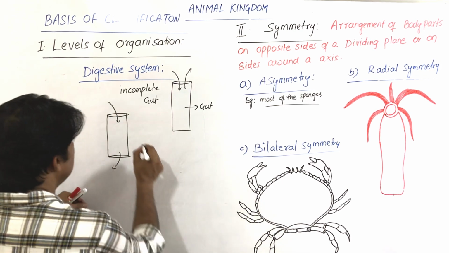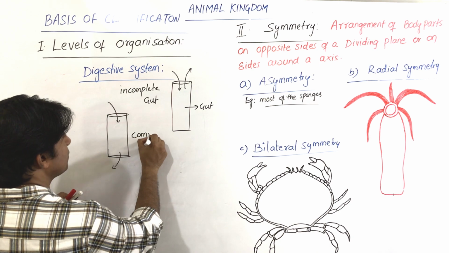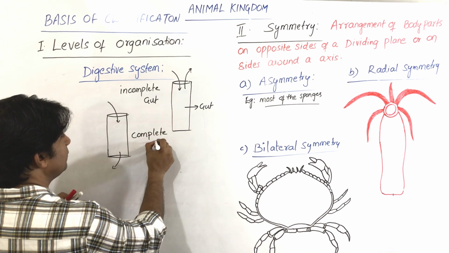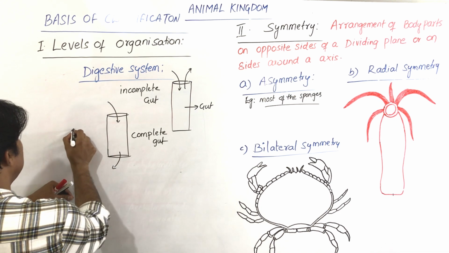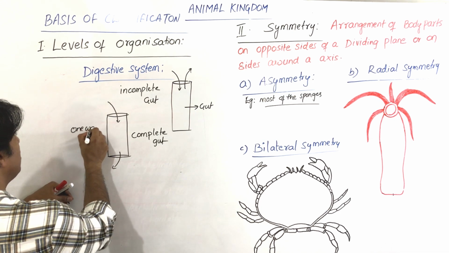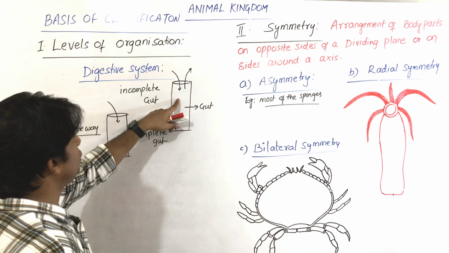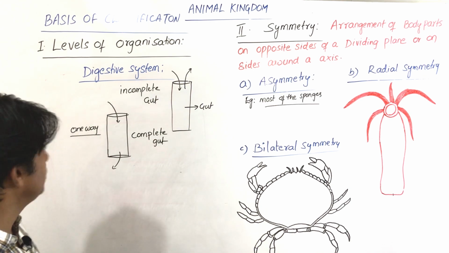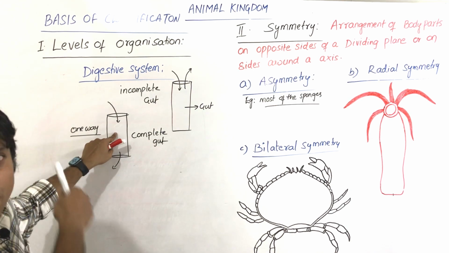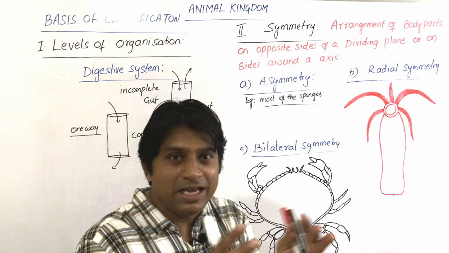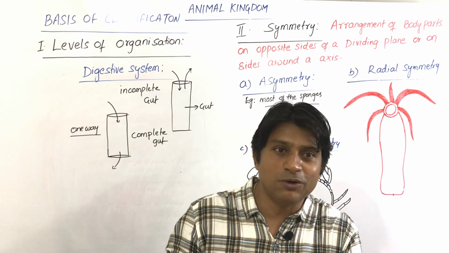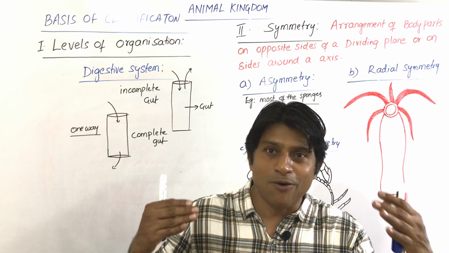This is called complete gut. So complete gut is also known as one-way gut. So from Aschelminthes to all chordates, they have complete gut. This is how the digestive system is different in different organ system level organized animals.